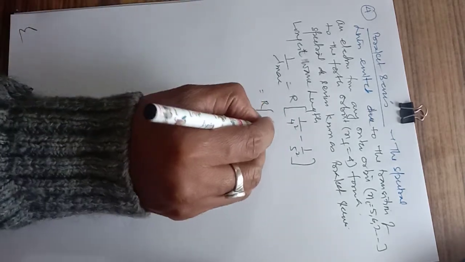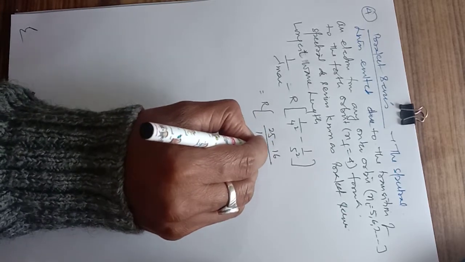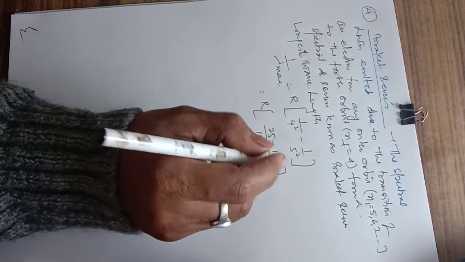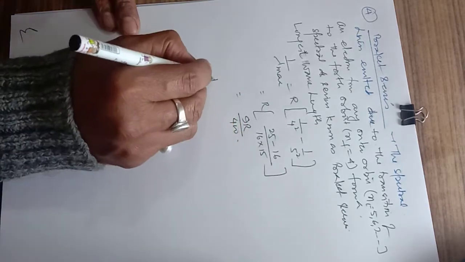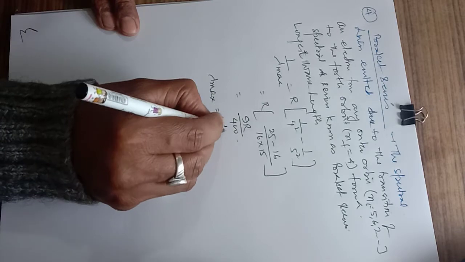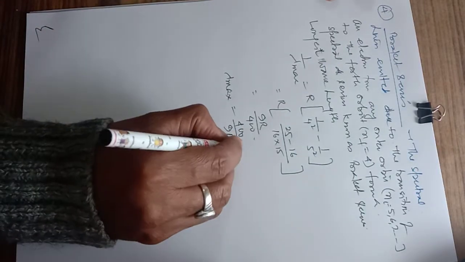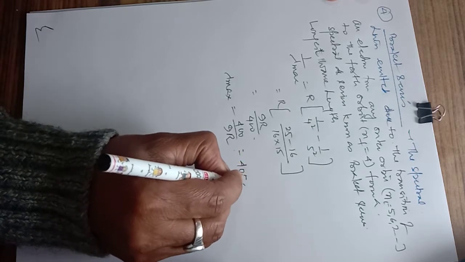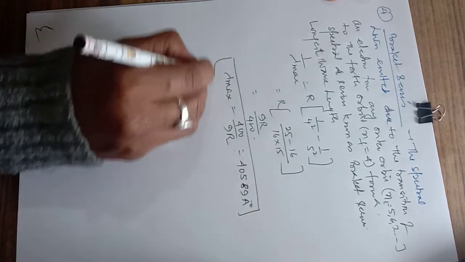So R times (25 − 16)/(16 × 25), so it is 9R/400. So the λ maximum is equal to 400/9R, and it will give you 40589 angstrom, that is for the Brackett.